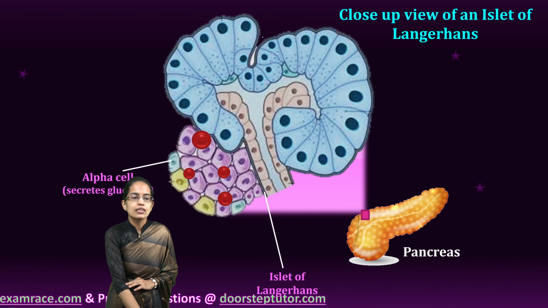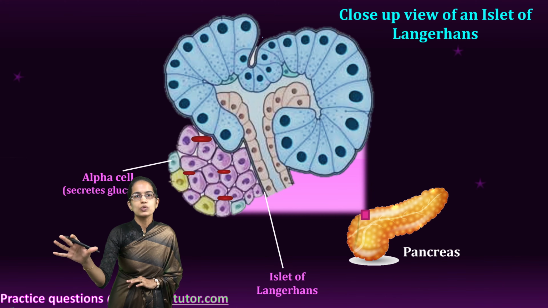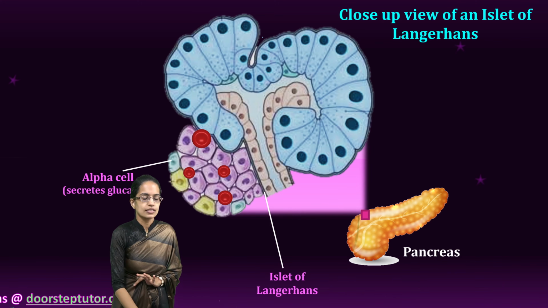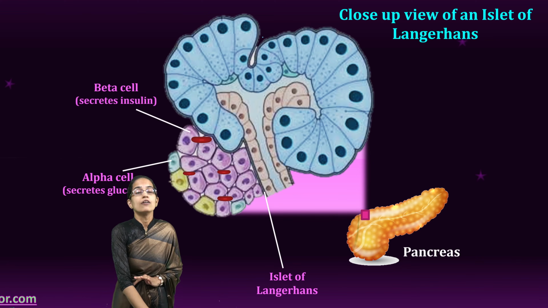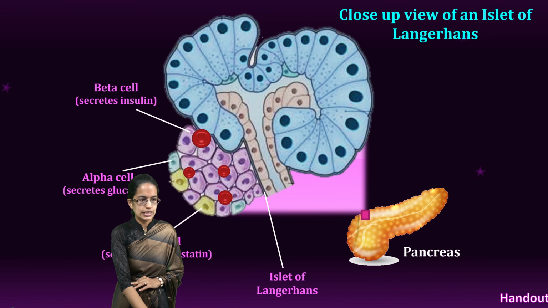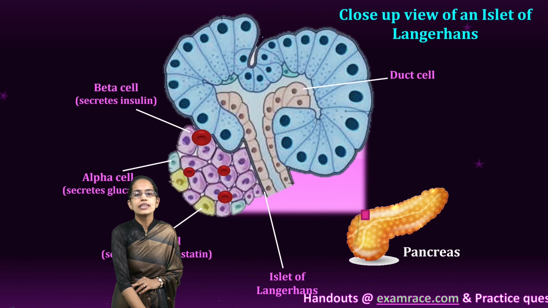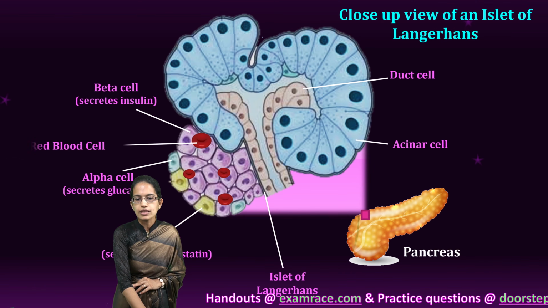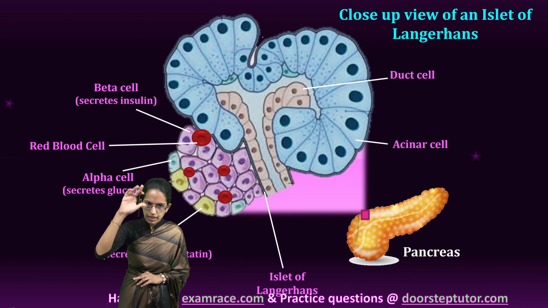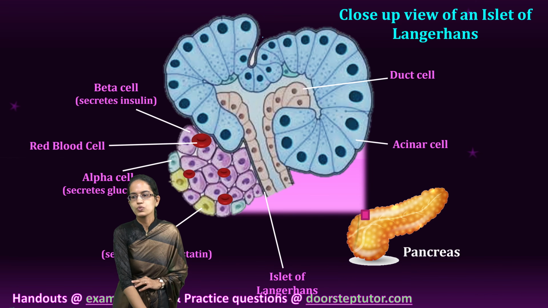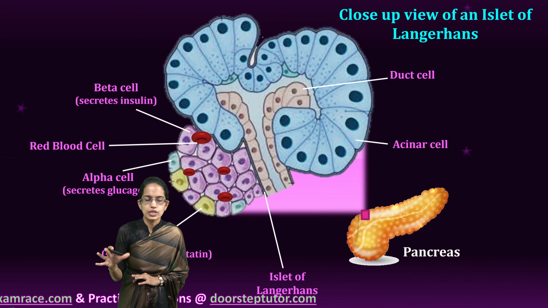Within the close view of what is known as the islets of Langerhans, which are present in pancreas, we have three important cells, alpha, beta and delta cells, along with the duct which connects with the exocrine part, and this is where we have the exocrine gland.